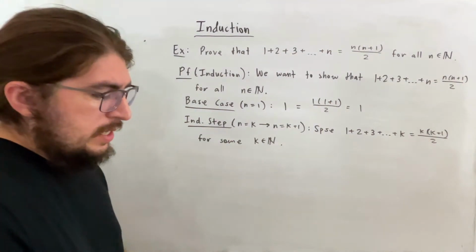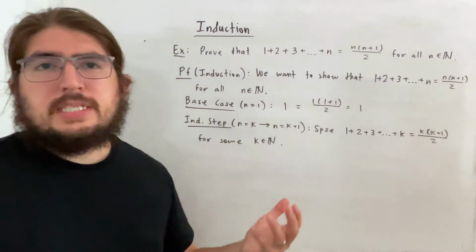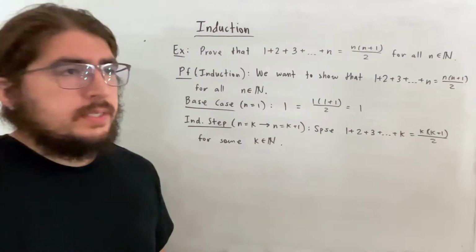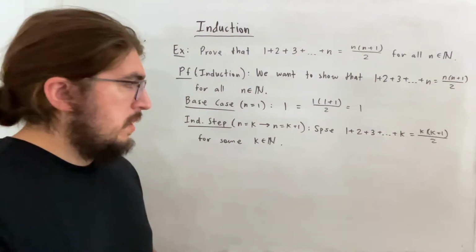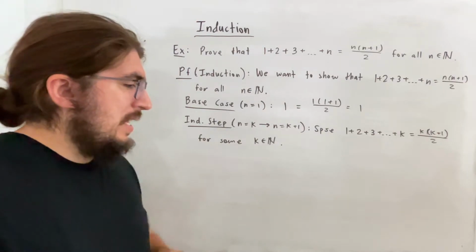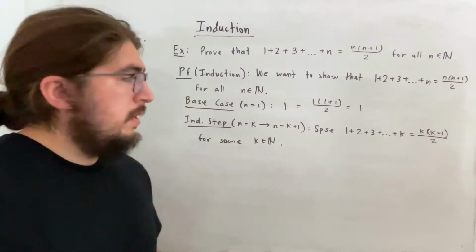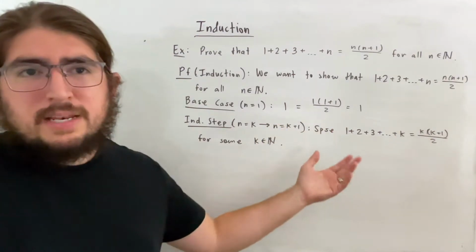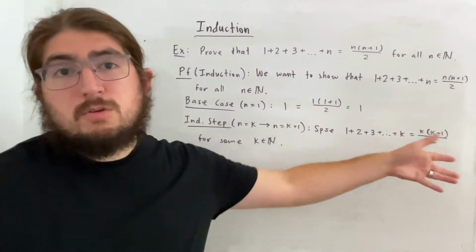What's interesting is that when you take a look at any statement in math that has to do with some formula involving natural numbers, and you're noticing a pattern, like with sequences, for example. In fact, this really is the sequence of triangular numbers, and that's the closed form for them.